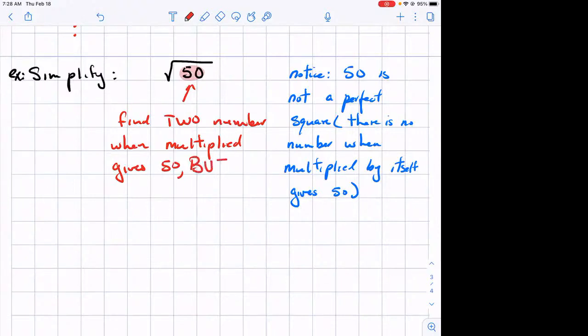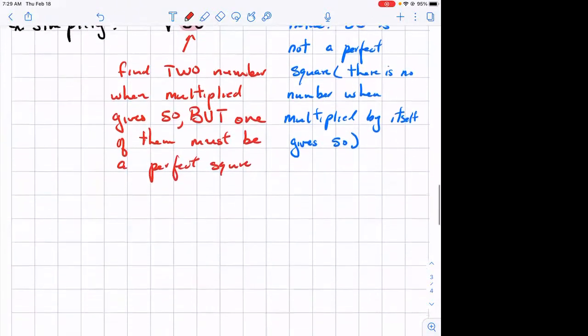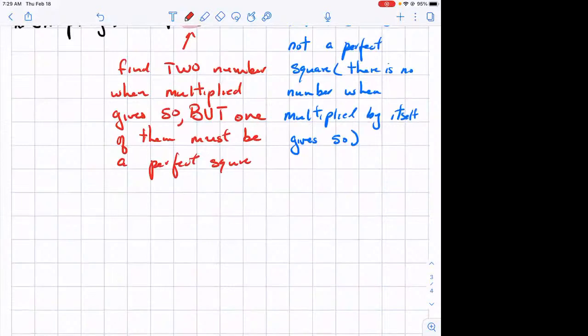But one of them must be a perfect square. Very important, very, very important. But one of them must be a perfect square.